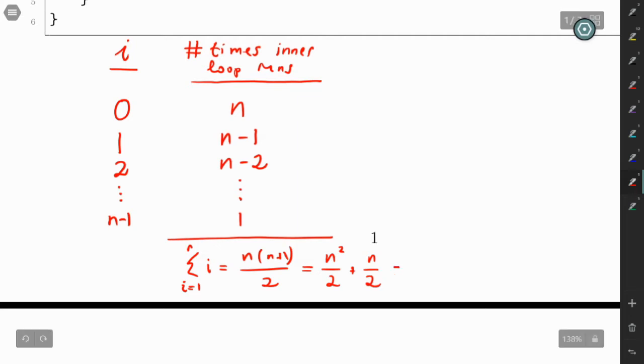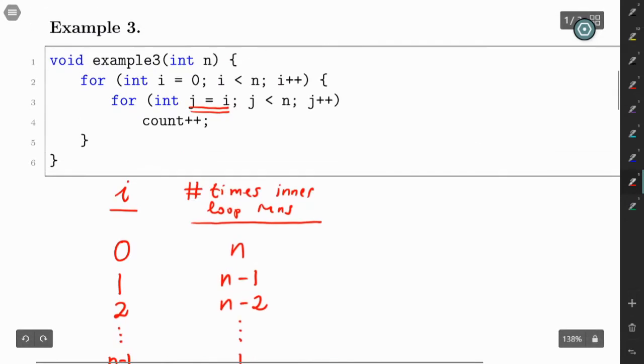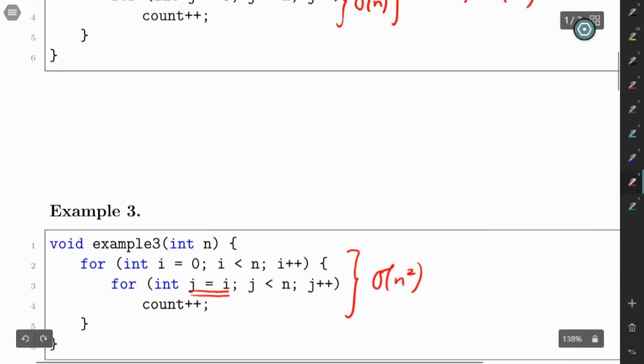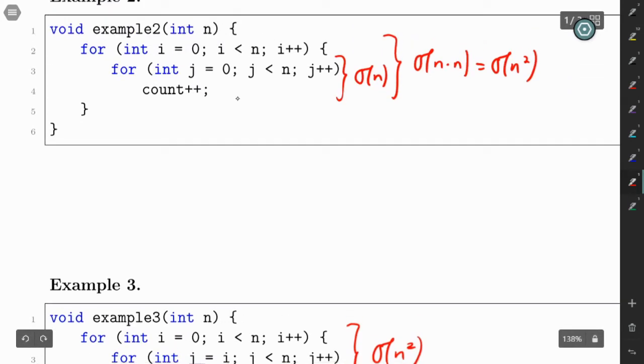And then in terms of big O, this is going to be O of n squared, because of course we drop the constants and lower-order terms. So the runtime of this method is also going to be O of n squared. Despite the fact that the inner loop runs fewer times than in the second example, both methods are still O of n squared.